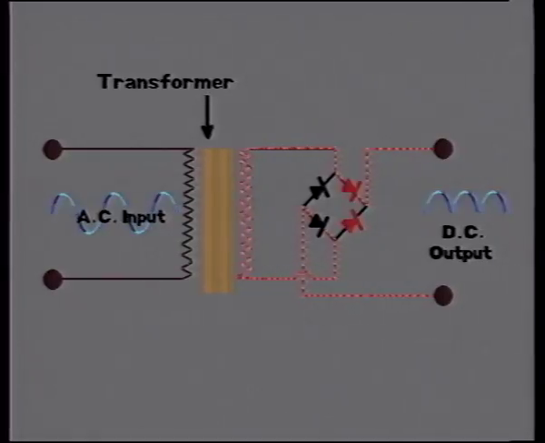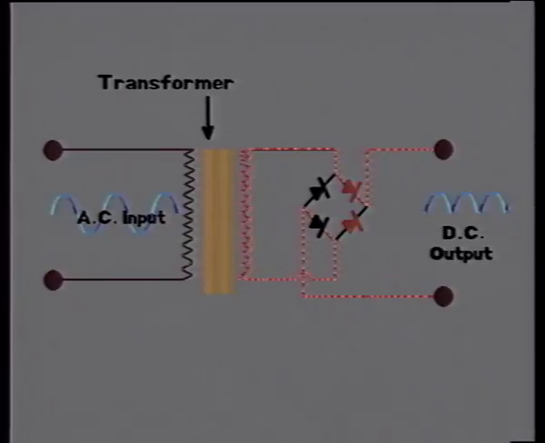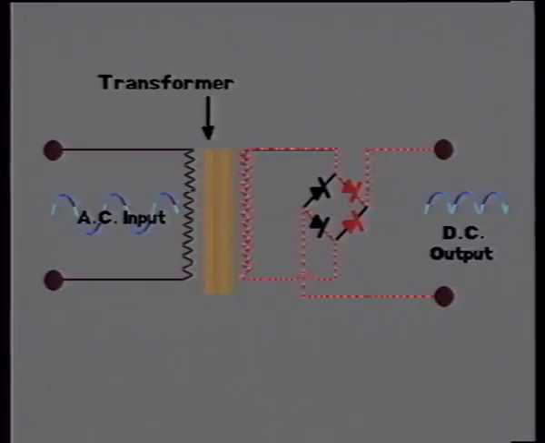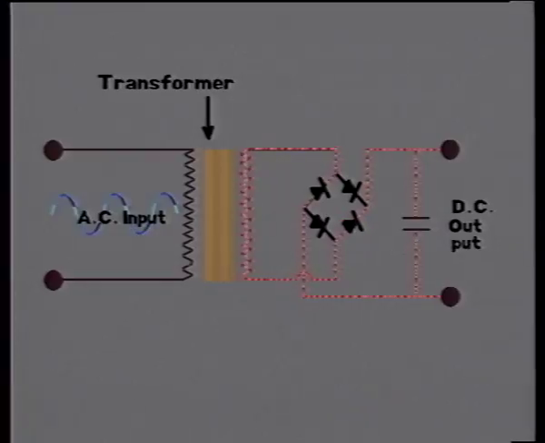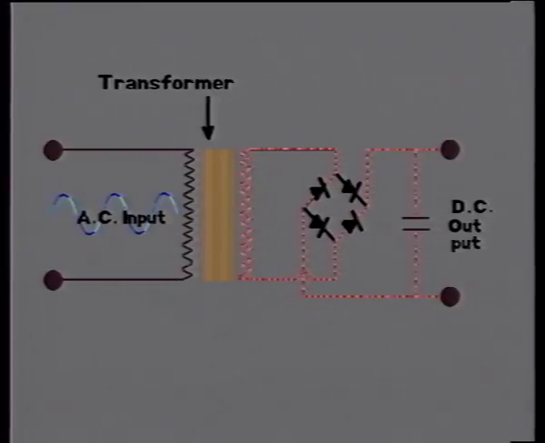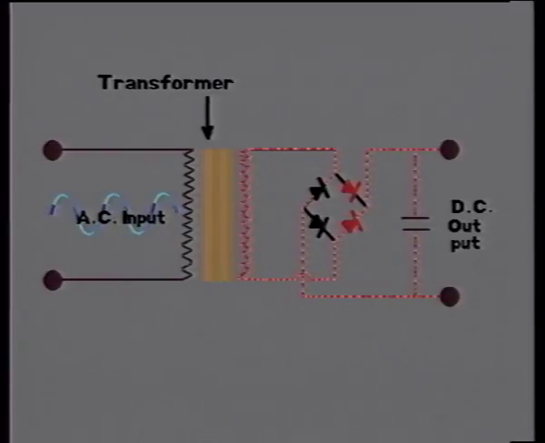But the DC output that we get is not very smooth. To get a smooth DC output, a capacitor is connected at the output terminals. When a capacitor is connected at the output of the rectifier, the output is very smooth and steady.